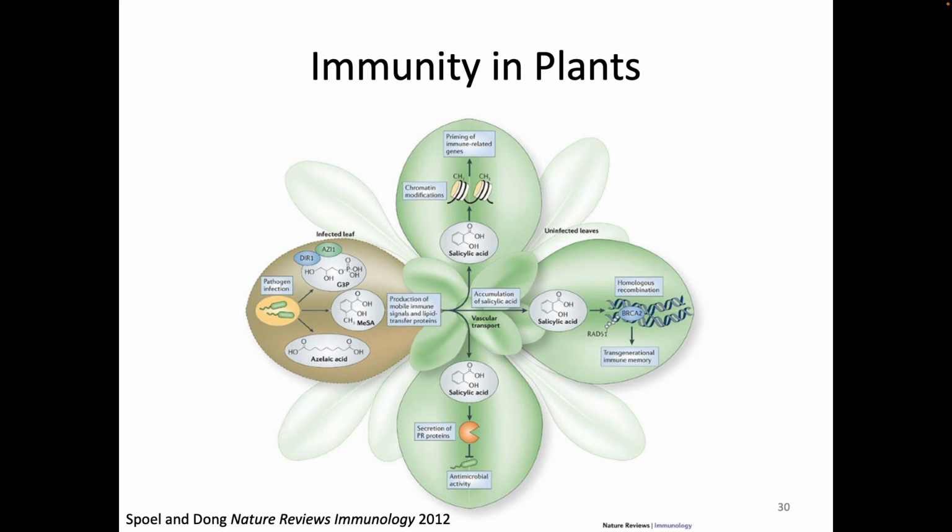Does this sound in any way familiar? What kind of things does this sound like? Right, like remember when we talked about the antiviral response? The infected cell says, yeah, I'm a goner, but I'm going to send interferon to warn my friends.